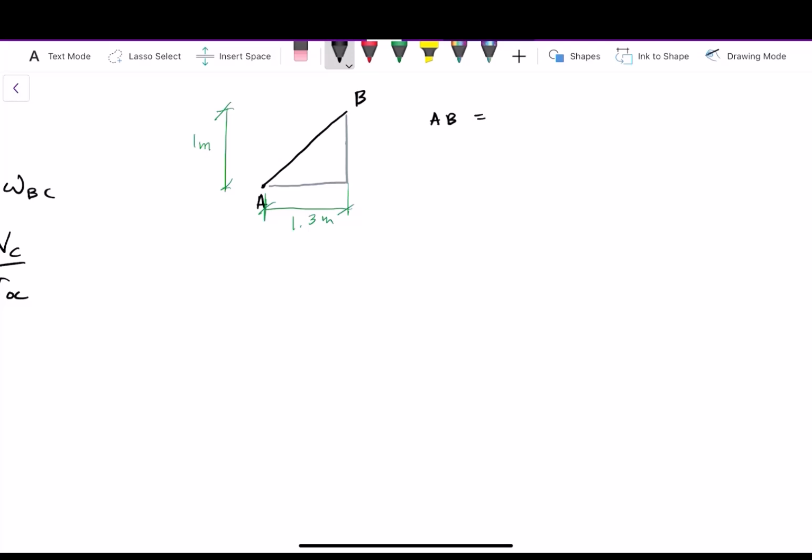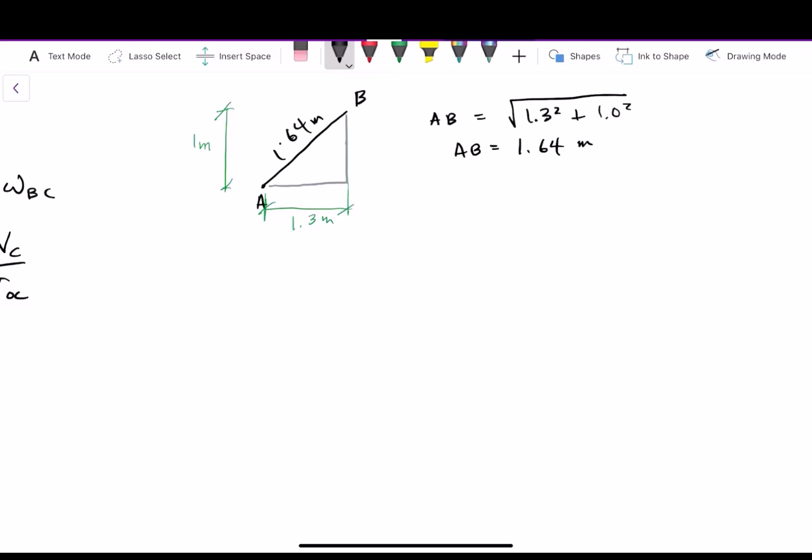AB is equal to the square root of 1.3 squared plus 1.0 squared. So AB is equal to 1.64 meters, shown right here.